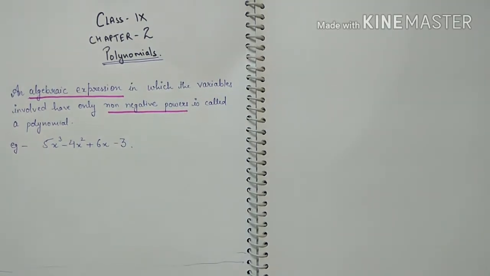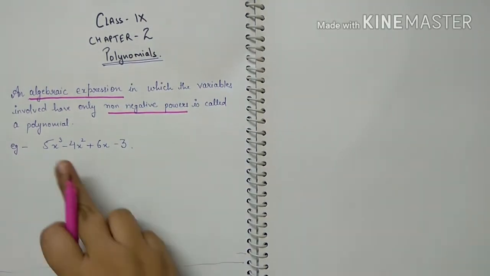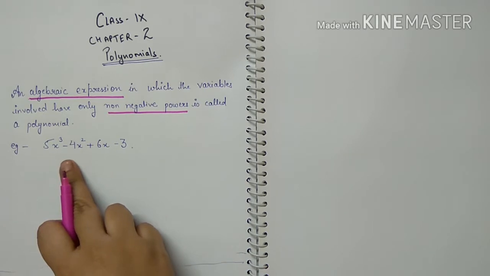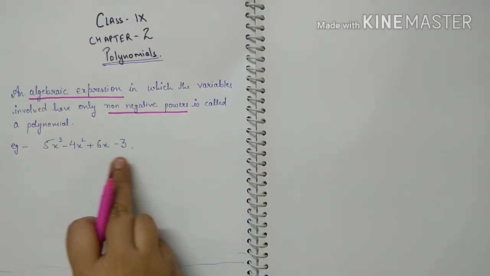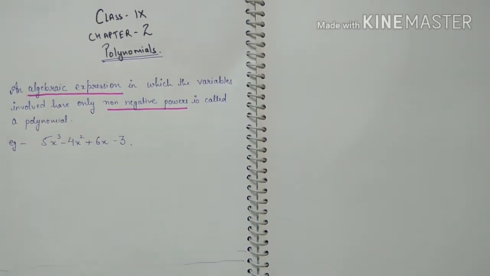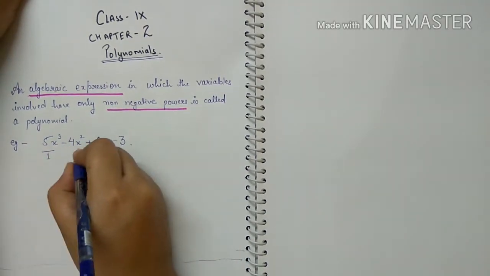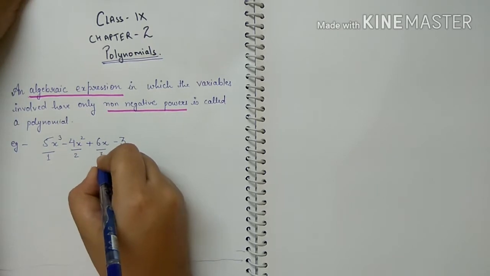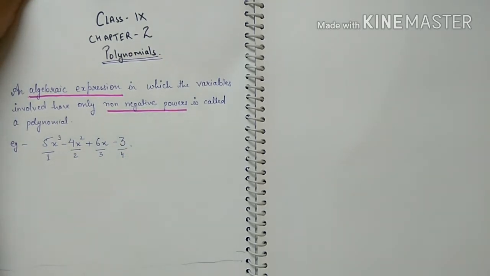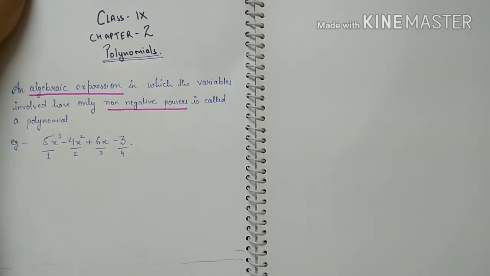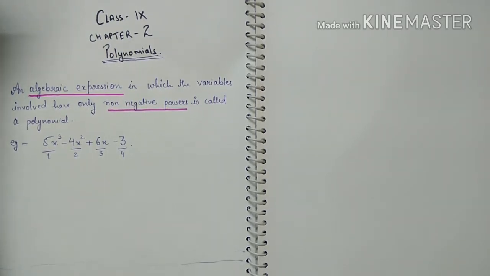Before that, let's look at this example: 5x cubed minus 4x squared plus 6x minus 3. Here there are four terms: 1, 2, 3, 4. Each expression separated by plus or minus is termed a term.